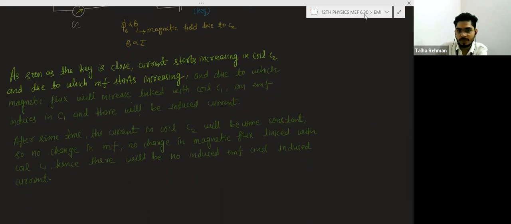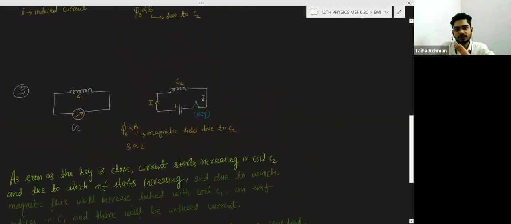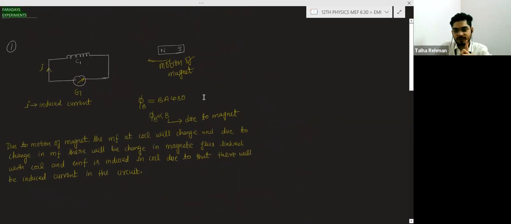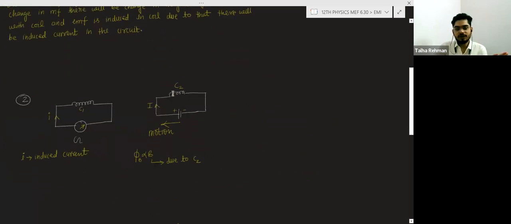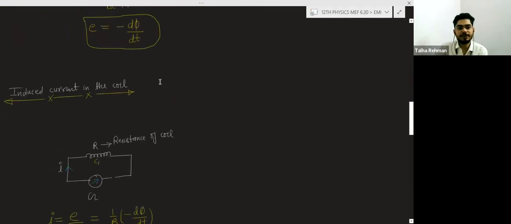So Faraday did these three experiments, and after that he concluded that whenever there is a change in the magnetic flux linked with the coil, there will be an induced EMF in the coil, and that induced EMF is directly proportional to the rate of change of magnetic flux. So that is Faraday's law. Our next topic: Faraday's law of EMI, electromagnetic induction.